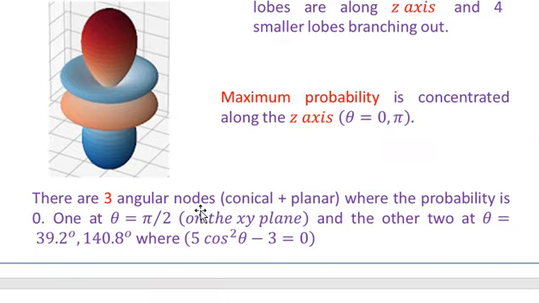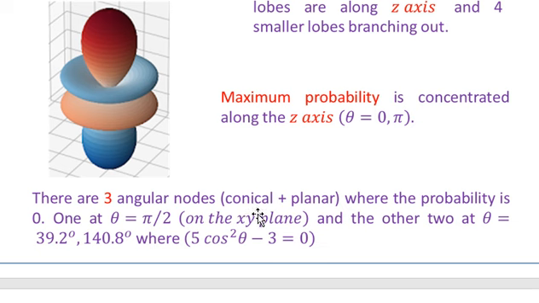There are three angular nodes, conical plus planar. Planar means the xy plane is passing through the center between these two donuts. The xy plane exists where the value of z is 0. So that xy plane will form one node.